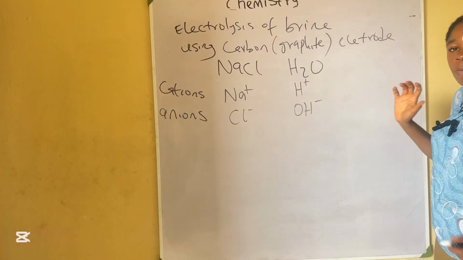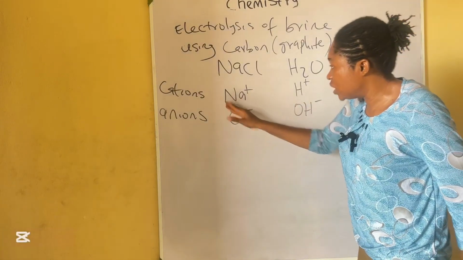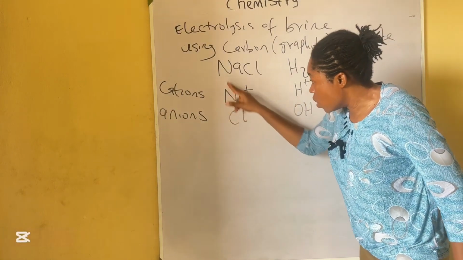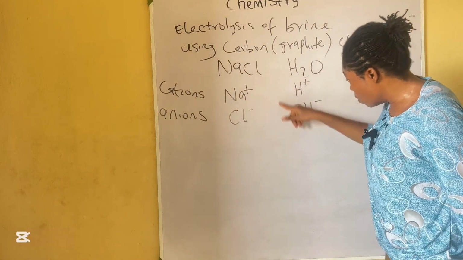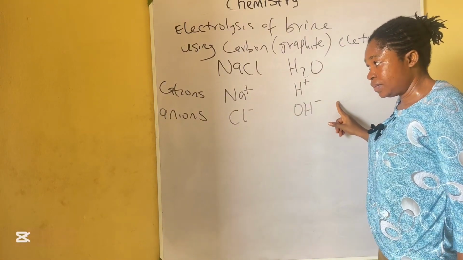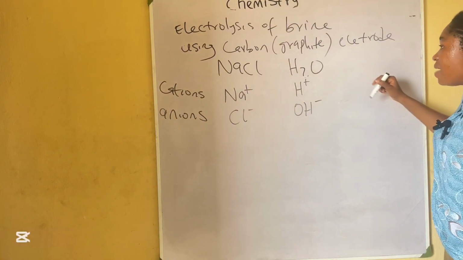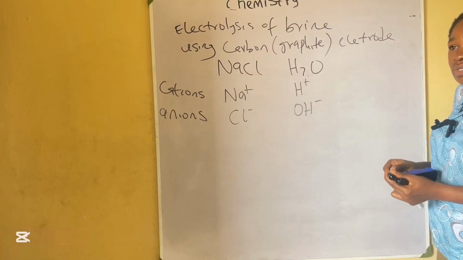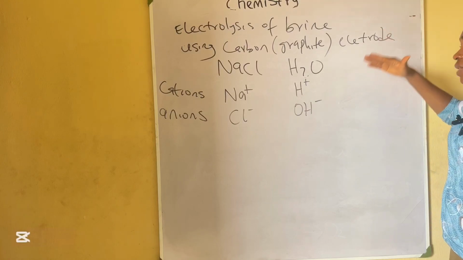Which of them will be preferentially discharged? Of course, in terms of concentration, the ion coming from this salt is highly concentrated than the one coming from water. But in the electrochemical series, for the cations, sodium is high in the electrochemical series and hydrogen is lower.